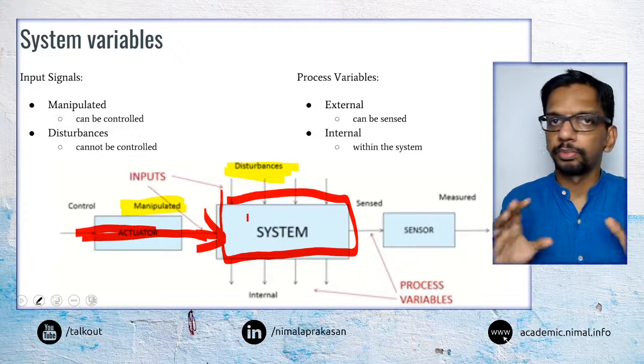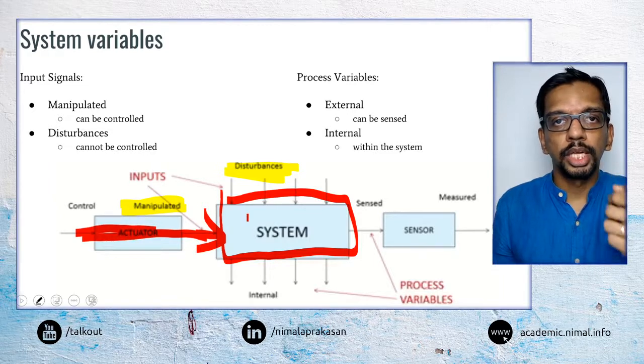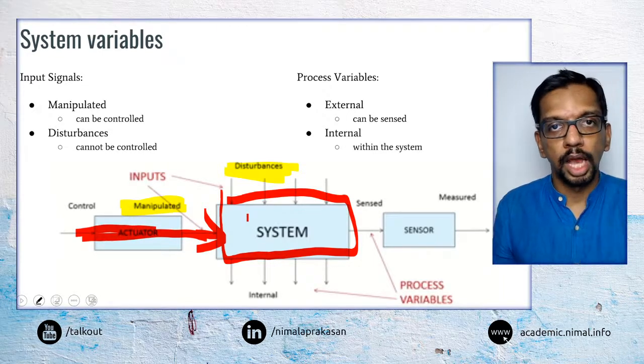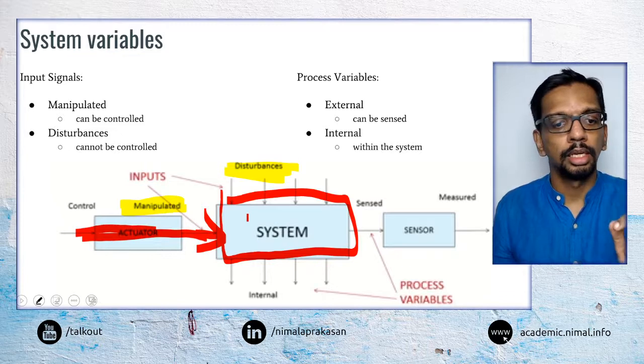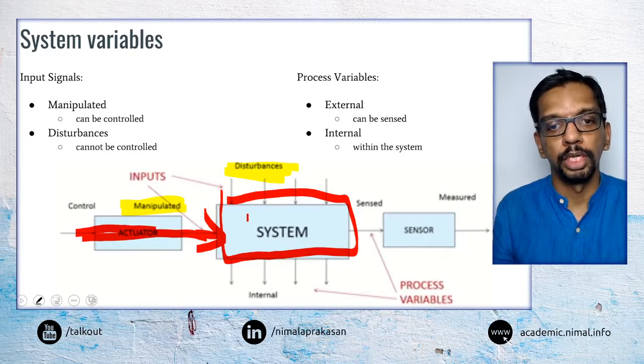For example, again we will go back to the example of an air conditioner. You setting a particular temperature on the air conditioner is an input, a manipulated input. You are giving that input on purpose. It is a purposeful input.